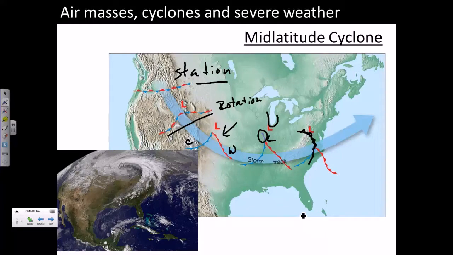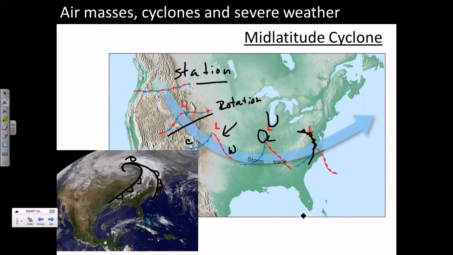From a cloud perspective, if we jump down here to the bottom left, here's the cold front right there. Here's our warm front somewhere out here, right? And then up here at the top, swirling around, we have the occluded front.